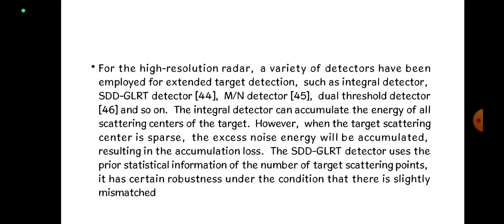However, when the target scattering centers are sparse, excess noise energy will be accumulated, resulting in accumulation loss. One detector uses the prior statistical information of the number of target scattering points. It has certain robustness under the condition that there is slight mismatch.